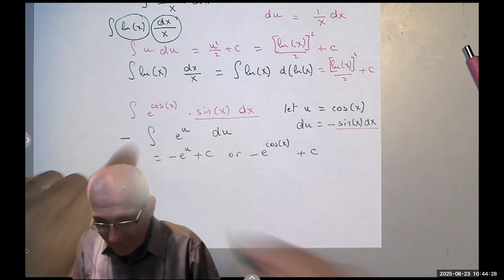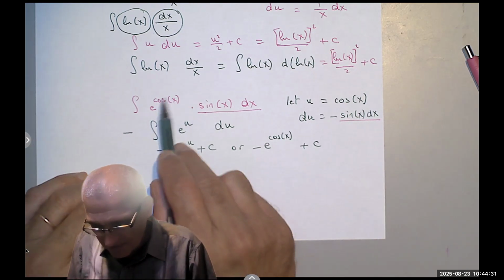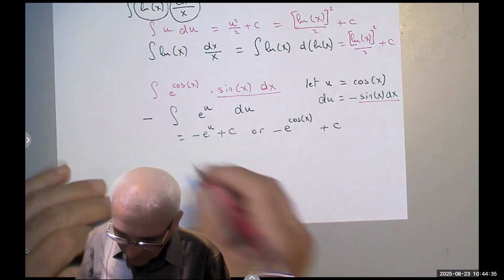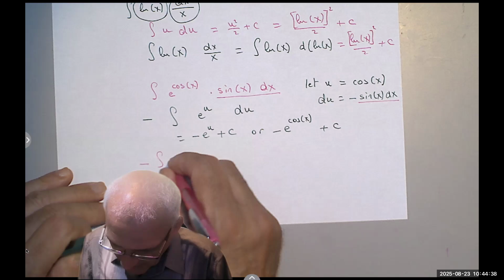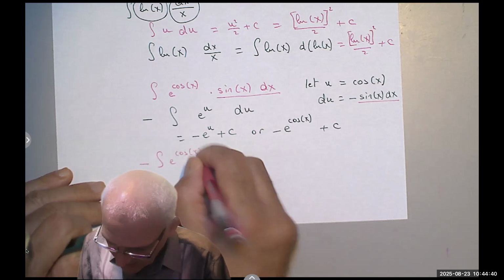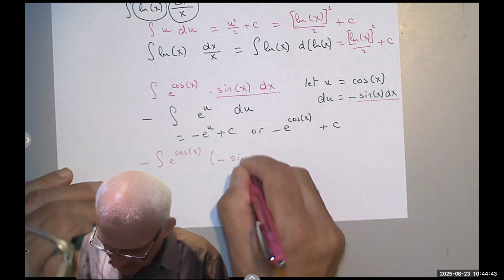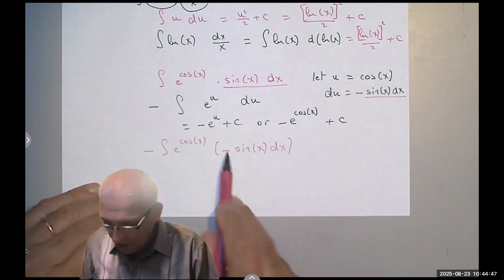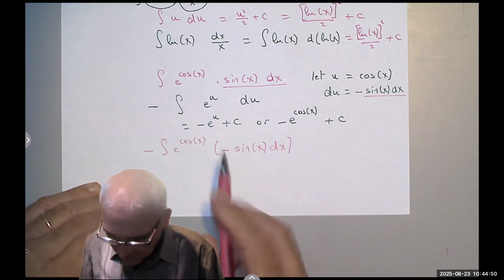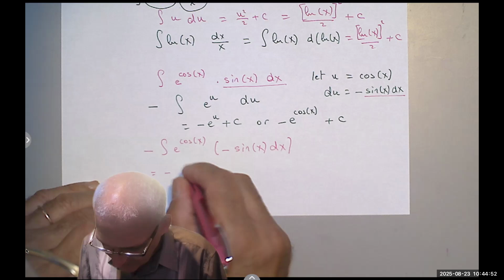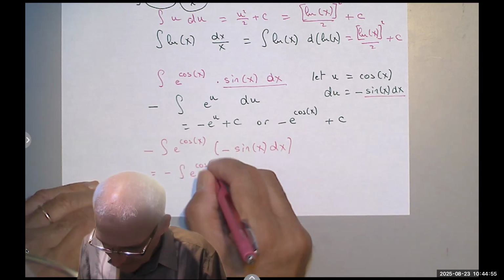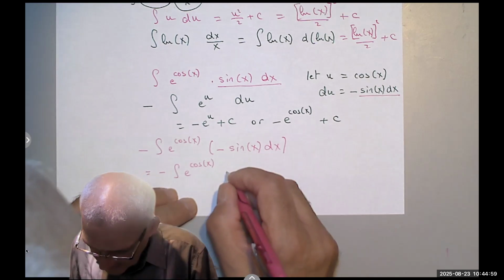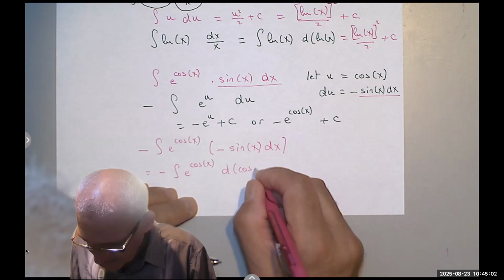Also, if I had seen that the derivative of cosine is negative sine, I can rewrite this as negative e to the cosine x times negative sine x dx, and then say, oh, that's the derivative of cosine. So this can be written as negative e to the cosine of x d cosine of x.